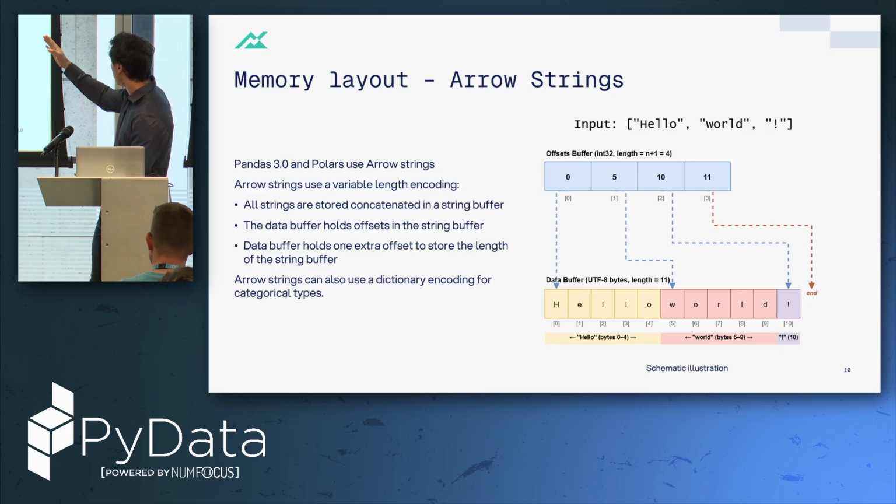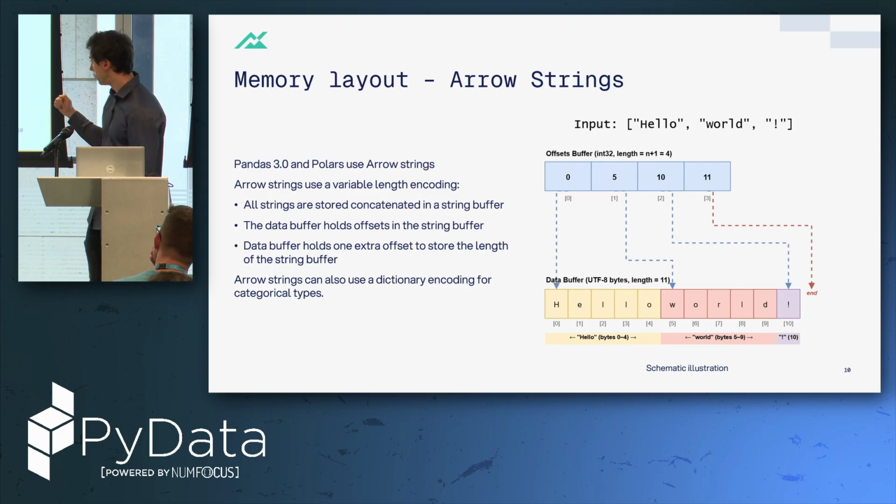So if we have the same input of hello, world, exclamation mark, the way this works is we concatenate all of the strings together into a single data buffer, which you can see below. And we have a separate offsets buffer, which points into the data buffer. In the offsets buffer, we hold the starting position of each particular string.